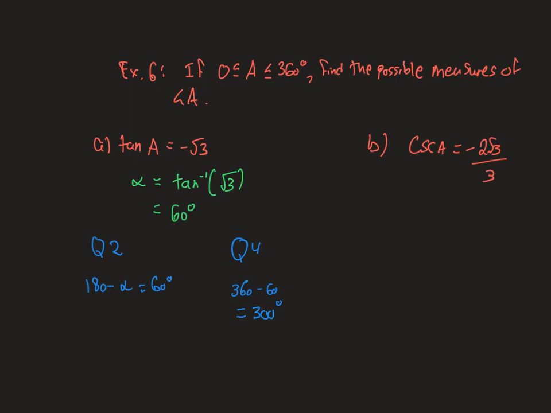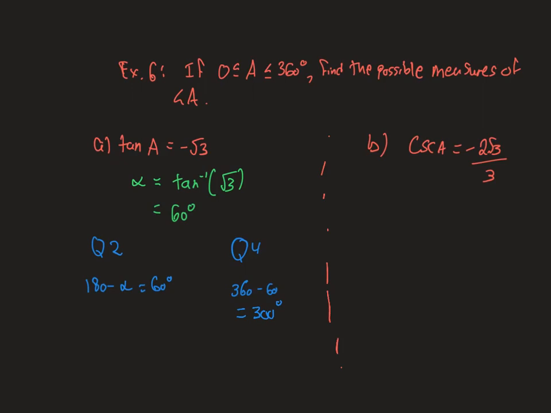Okay, welcome back. So for B, you have a little bit of an added step here, and that's mainly because you're working with cosecant. So cosecant, you need to turn it into, obviously, 1 over sine. So if you're going to turn it into 1 over sine, you're going to be flipping your two things.